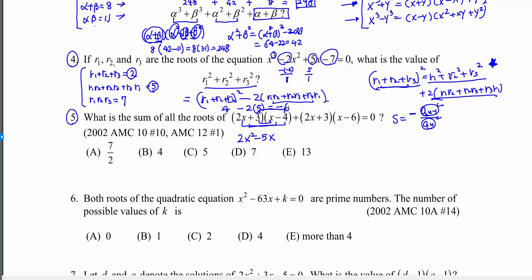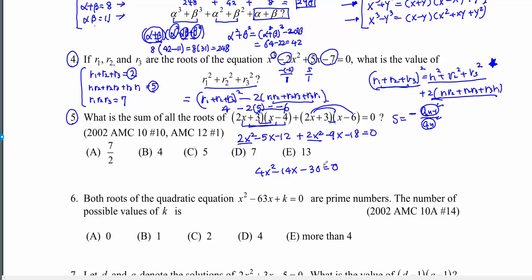And 3 times negative 4 is negative 12. That's the first term. The second term is what? 2x squared, 3x plus 3x minus 12x. So that's negative 9x. Then minus 18. Okay, very good. Now simplify. Then that's 4x squared minus 14x minus 30.